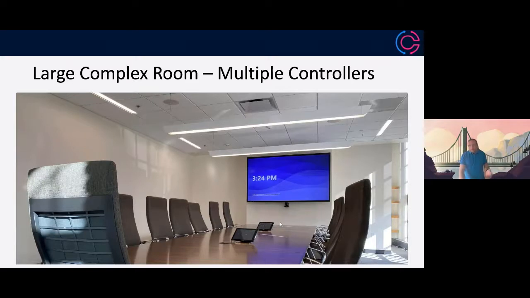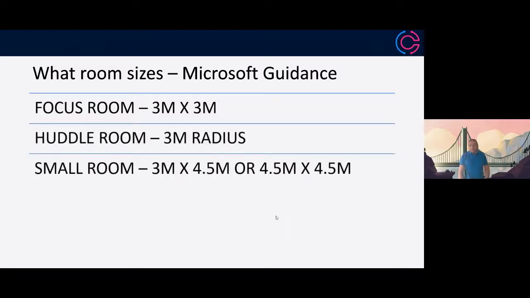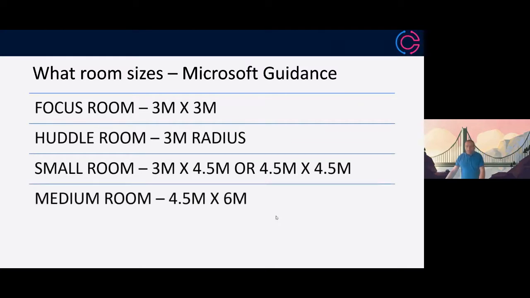So when we talk about room sizes, here's some guidance actually that I've seen from Microsoft on how you define a room. And again, everyone might class these differently, but when you look at the Microsoft Teams Devices website, these are the sort of room sizes that Microsoft have as a guidance.